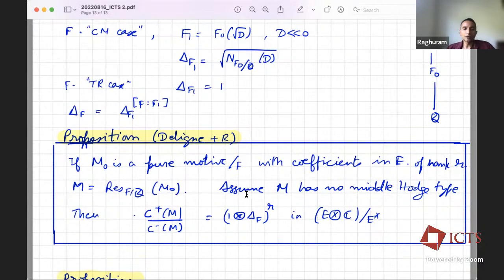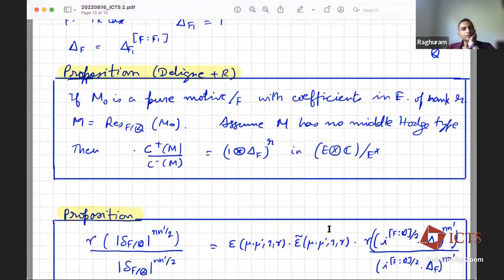I'm going to assume that this M, this restriction of scalars, has no middle Hodge type. Then the result is that the ratio of Deligne's periods defined in this Corvallis article is 1 tensor delta F to the power R. His periods live in this E tensor C, modulo this diagonal E star acting on E tensor C, it is 1 tensor delta F to the R. Think of it as just delta F to the R.